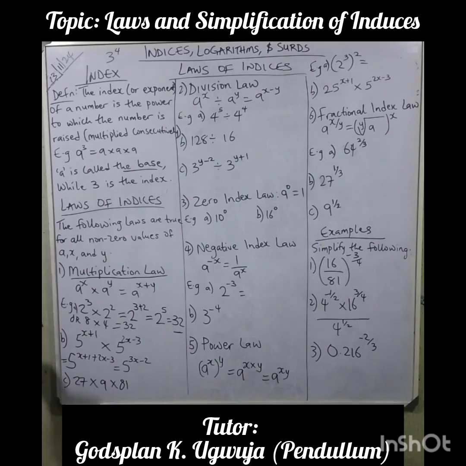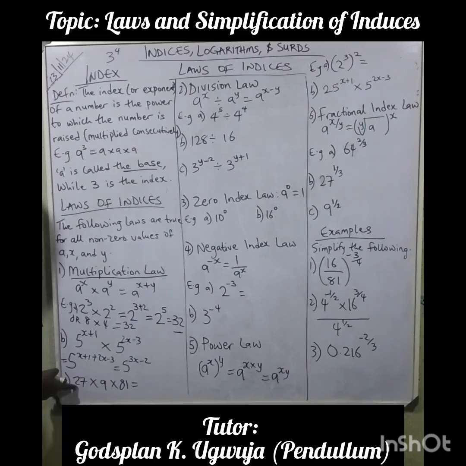Now, in some cases, you may need to change the base. You may need to write the numbers as an expression of the base. For instance, here we have 27 times 9 times 81. If I want to solve this using indices, I have to write all of them in the same base so that I can apply the multiplication law, because this is multiplication.